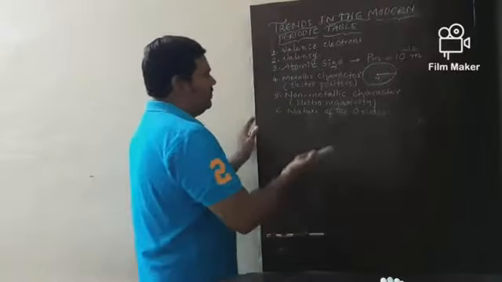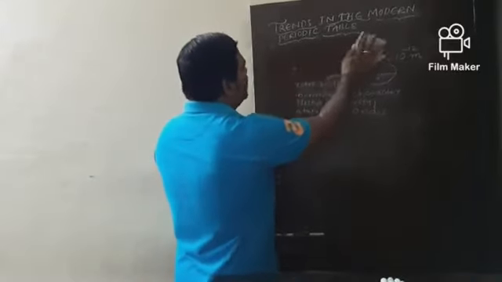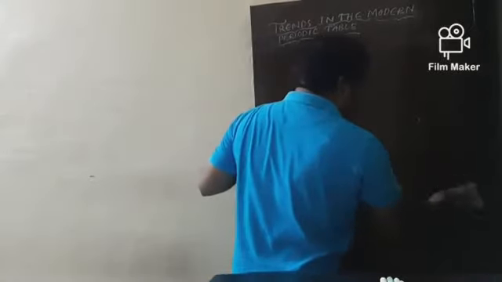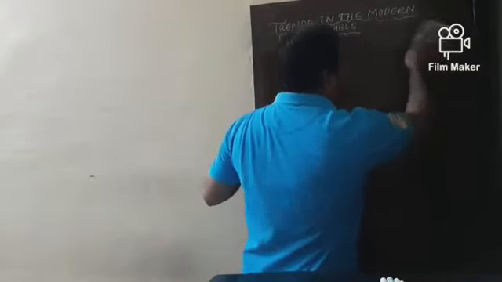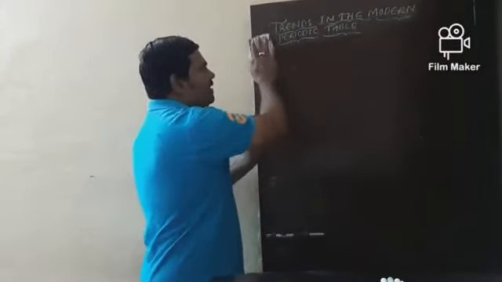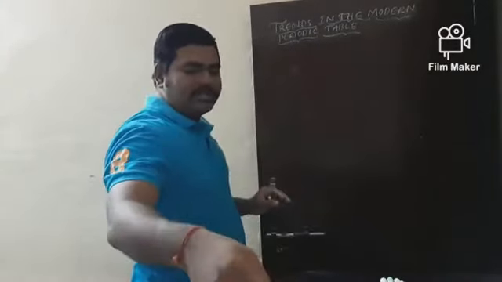Okay. Now, let me take that first group. You already know about the first group of elements from the modern periodic table. Tell me, what are the first group elements?